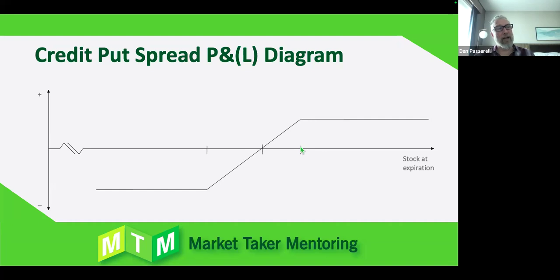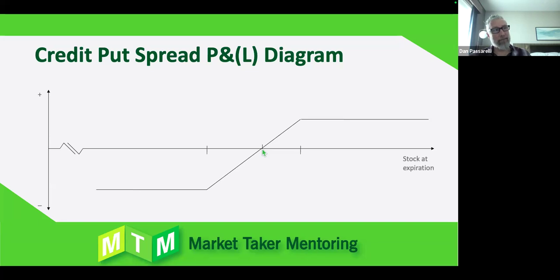But I still have that 65 cents I collected when I sold the put. So my break even would be 100 minus 65 cents, which is $99.35. As long as the stock is above the break even, I make money.